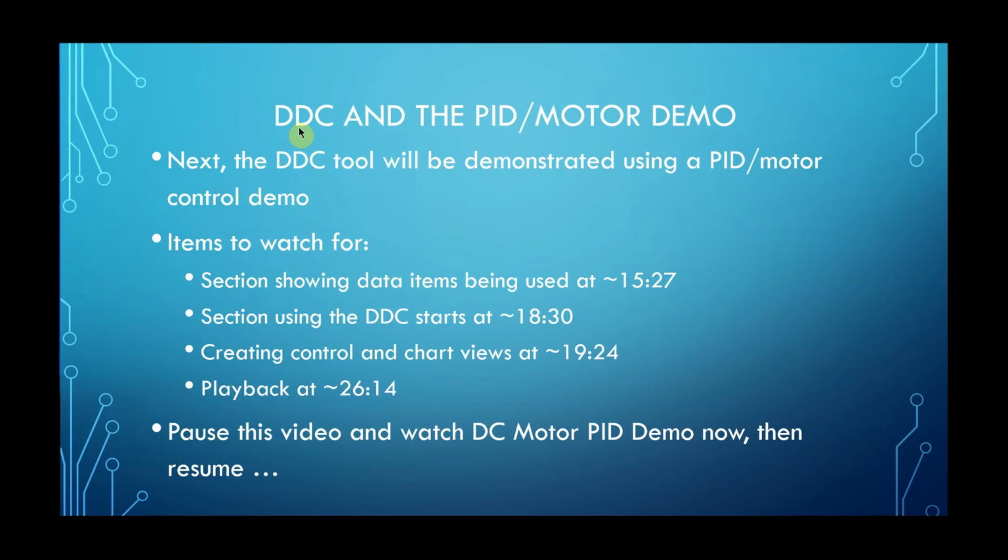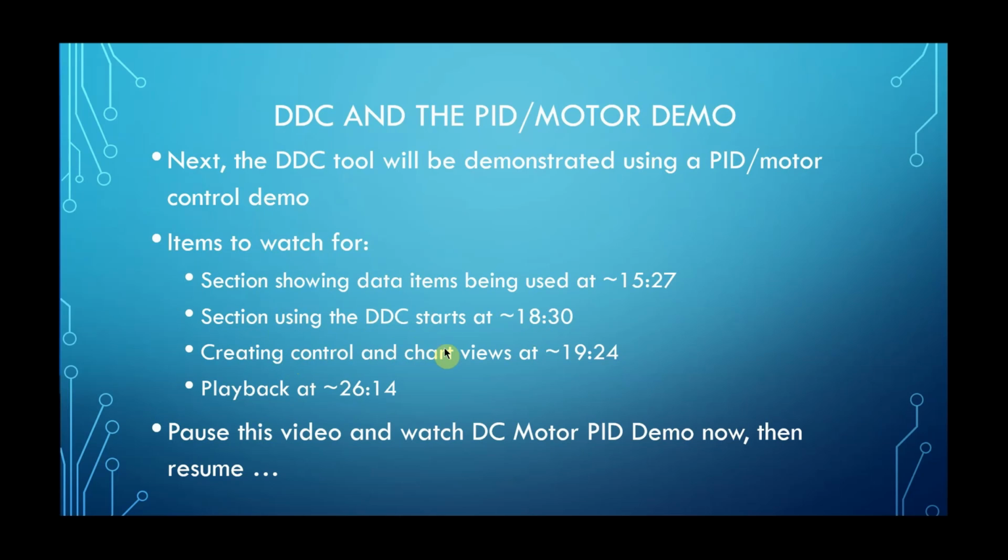Okay, next we're going to look at the DDC tool, and we're going to use the PID and motor demo to watch the DDC in action. So the items to watch for in this upcoming demo, we have a section that shows the data items being used, and that's at 1527. There's a section where the use of the DDC tool starts, that's at 1830.